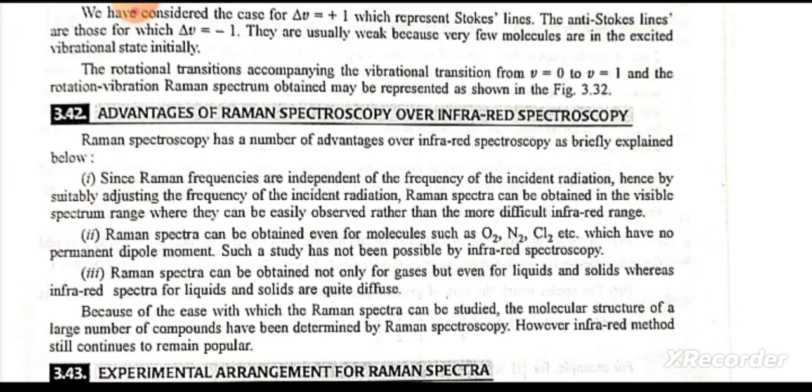Second, Raman spectra can be obtained even for molecules such as O2, N2, Cl2 which have no permanent dipole moment. Such a study has not been possible by infrared spectroscopy.